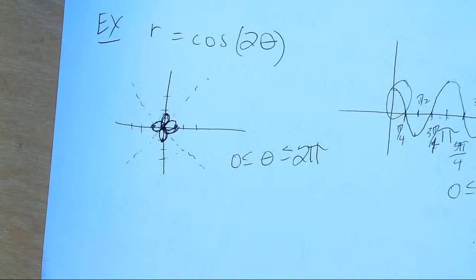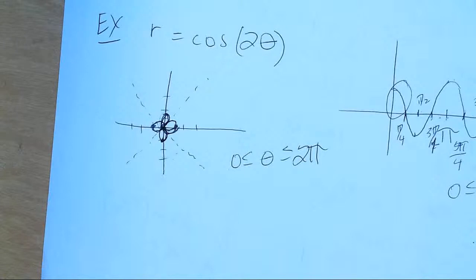Okay, what if I asked you how much area is enclosed in one petal of that? What would you integrate from and to? There's 4 choices.